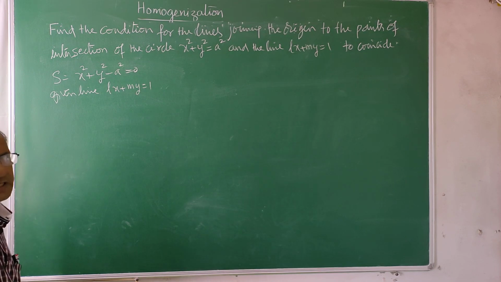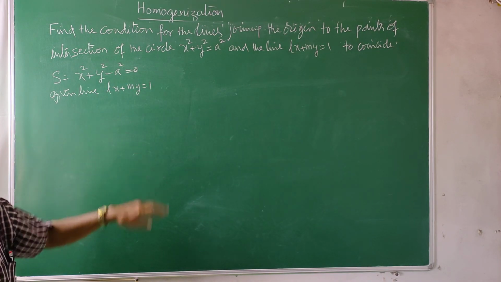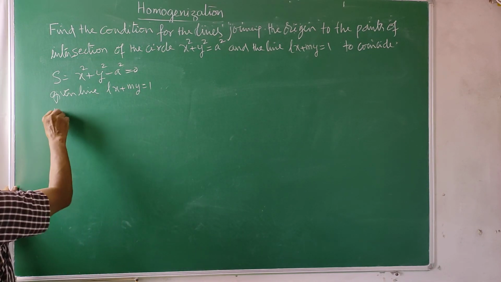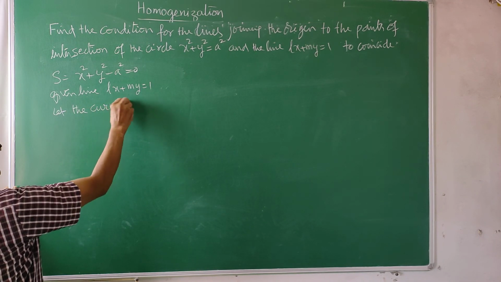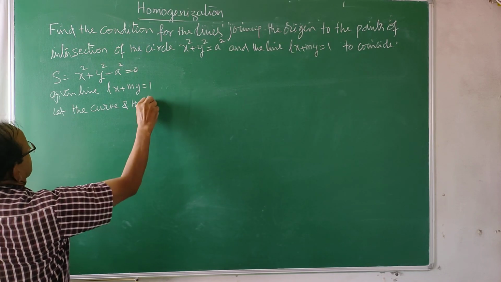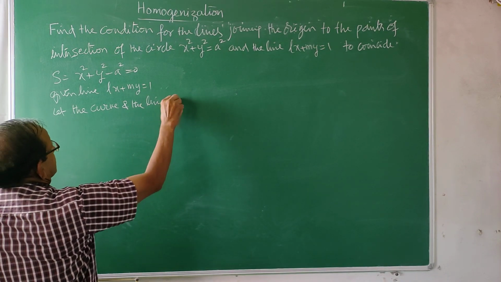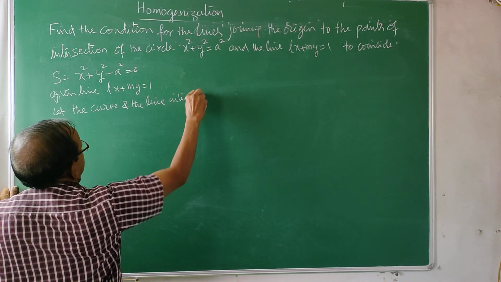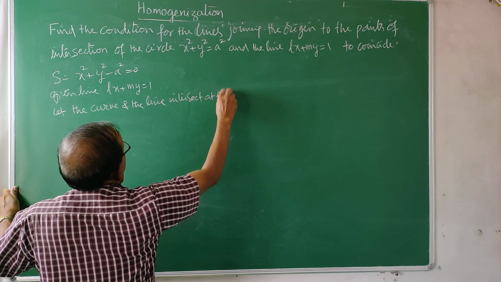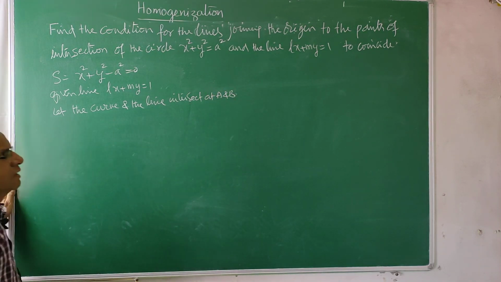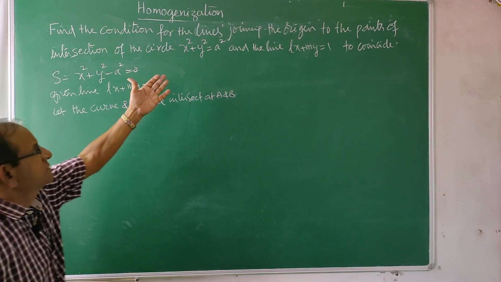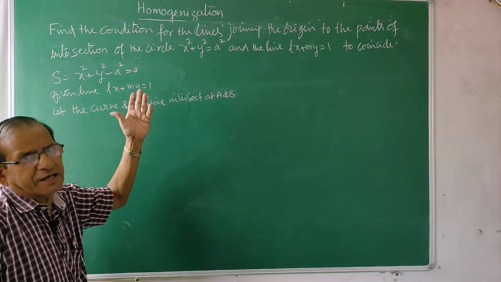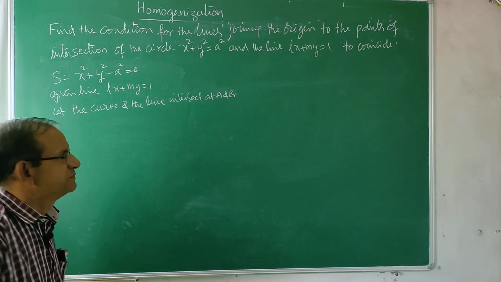Now let us assume that the line and this curve intersect at A and B. How to get the equation of OA and OB? By making the equation of the circle homogeneous with this line, you will get OA and OB.